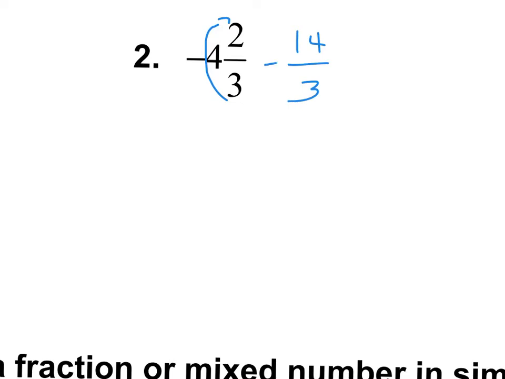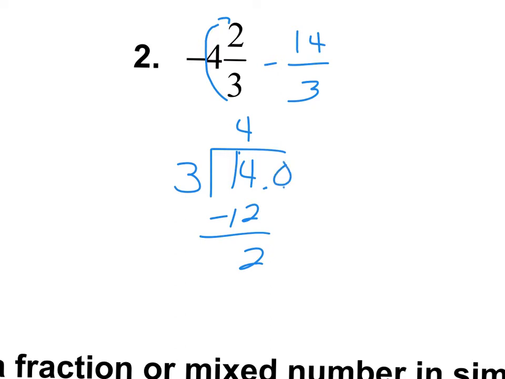And then we do what we did in number 1. We take the top, which is 14, and divide it by the bottom. If 3 goes into 14, how many times? 4 times. So you get 12, minus, you get 2. We have a remainder, so I'm going to add a decimal, add a 0. Drop that 0 down. When I add a decimal here, I have to add a decimal here too.